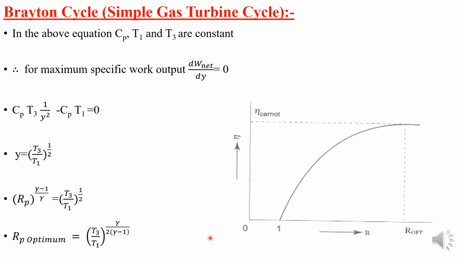If you plot the graph, where the power is maximum, that means you may get the maximum efficiency also with respect to the Rp value.